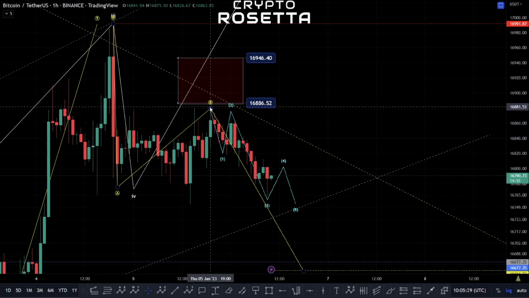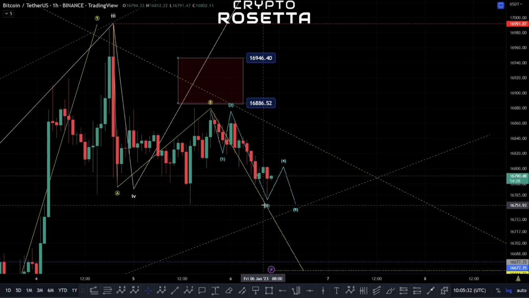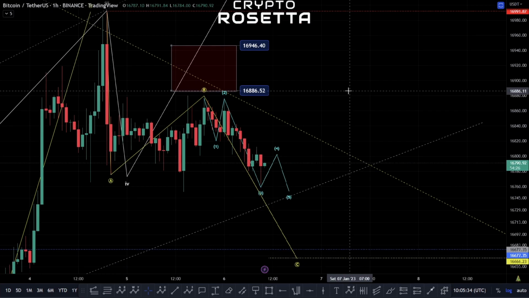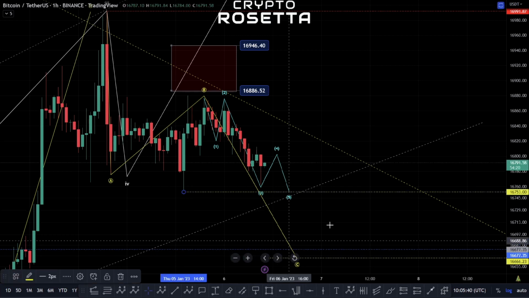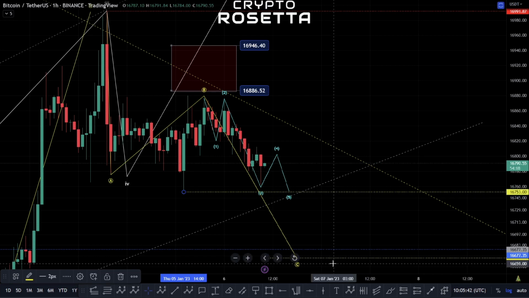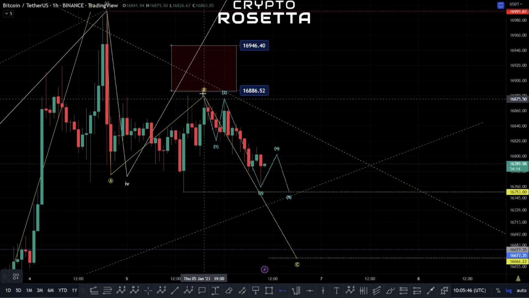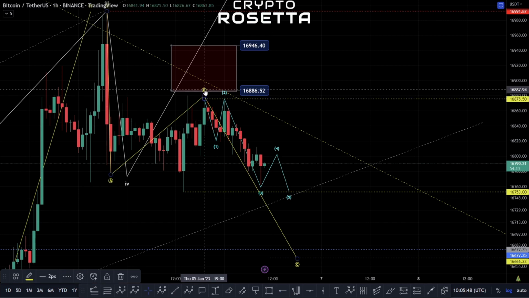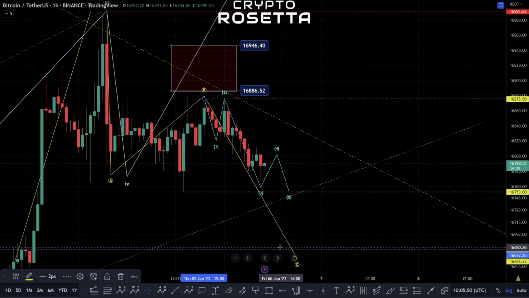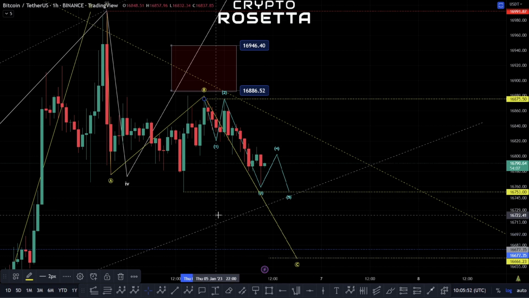So A, B, C. It is possible. Yeah, we could still see a triangle develop in here, though if we lose this low point here of 16,753, or move above this high point here at 16,875, then effectively that would invalidate it.